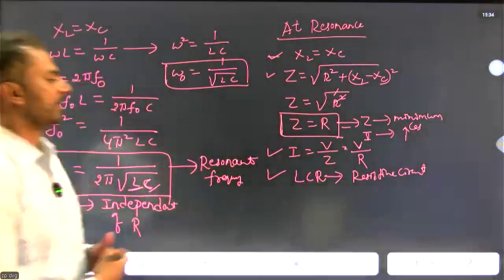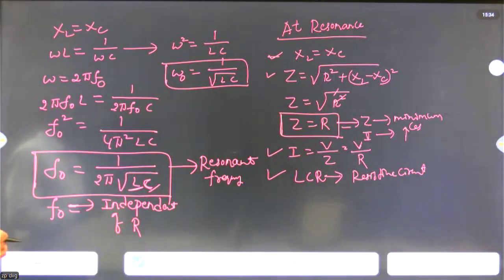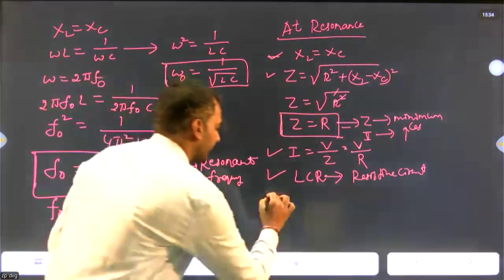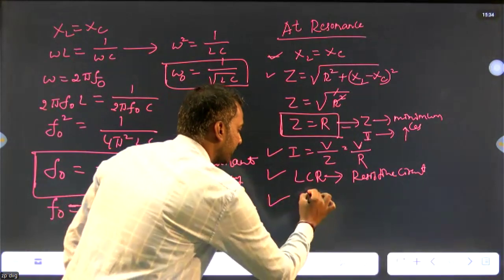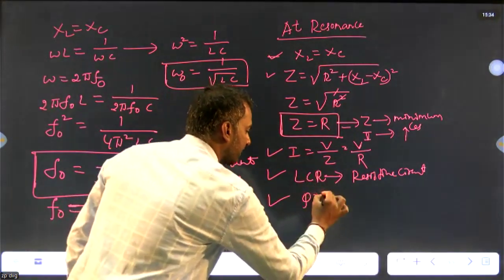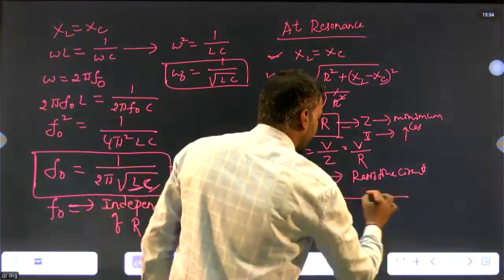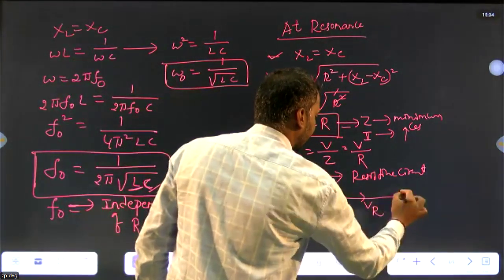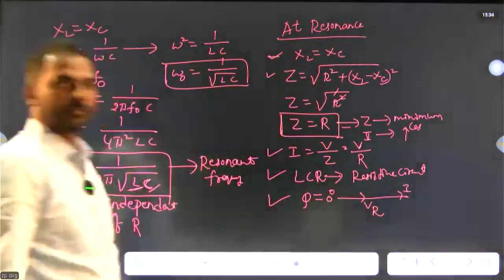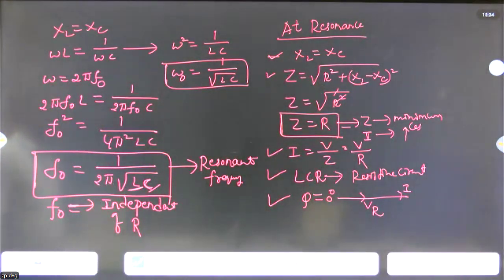If LCR becomes a purely resistive circuit, what is the phase difference between current and voltage? The phase difference between current and voltage is 0 degree. Current and voltage are in phase with each other.